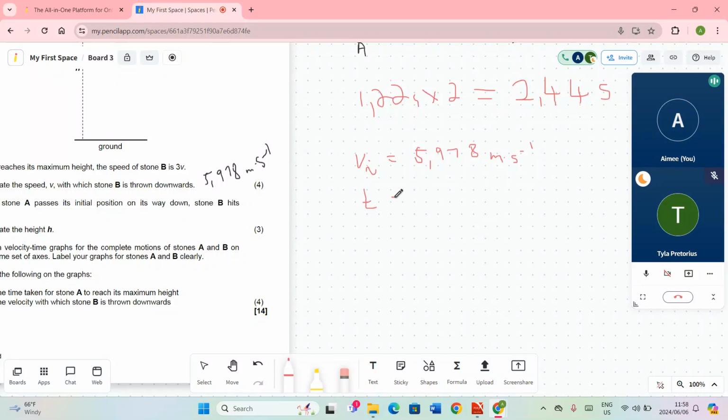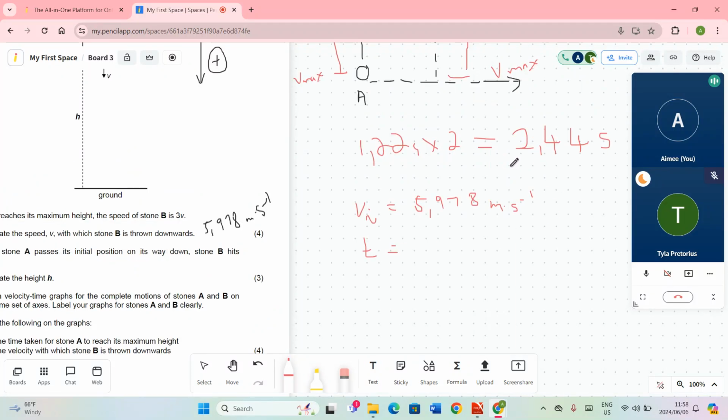The entire time it took to reach the ground, we've already explained and discussed, was 2.44 seconds. Our acceleration is 9.8 meters per second squared. We're looking at the motion of B, so we can say that it's positive because we'll take down as positive, because that's its initial direction of motion.